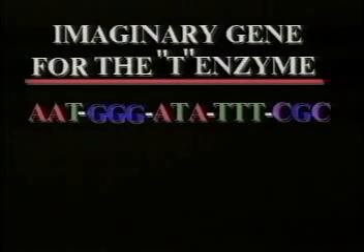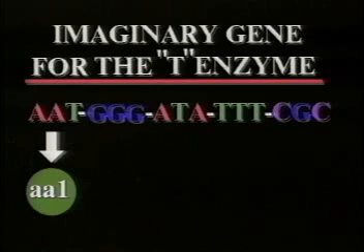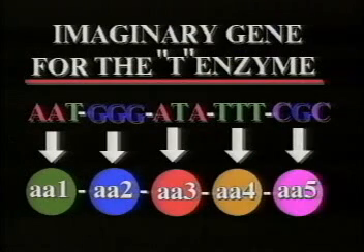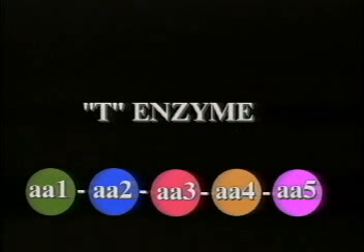This is an instruction for 5 different amino acids to be placed in the correct order during the construction of this enzyme. For the T enzyme to function properly, it is absolutely essential that the correct amino acids appear in the correct order in the protein chain of the T enzyme.